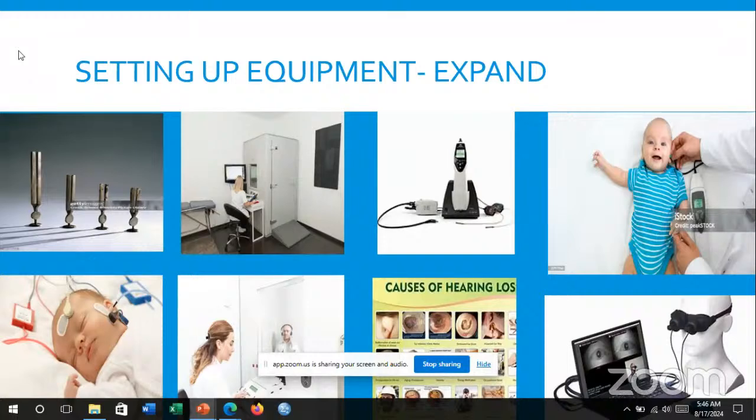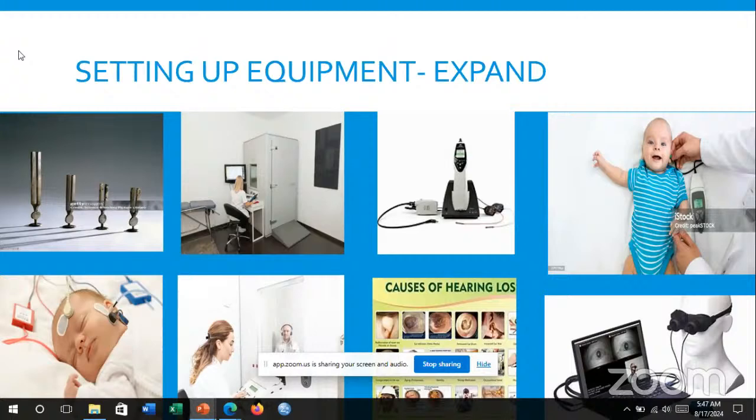Like we are seeing here, it starts from ordinary screening with the conservative tools, down to using modern equipment like a soundproof booth to carry out your tests. If you want to extend, you can have a tympanometric procedure, then screening, common OAE screening, one channel screening for the neonates.